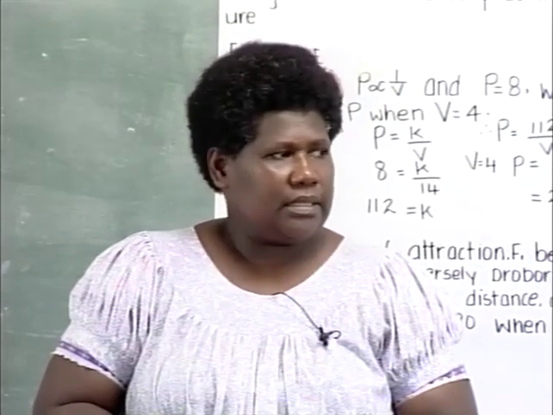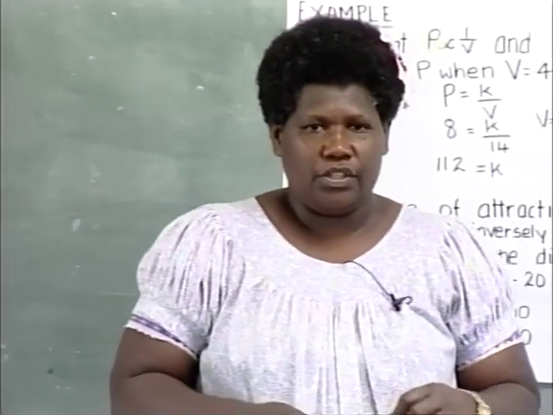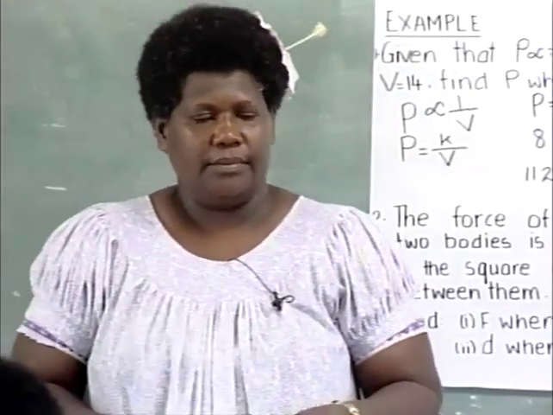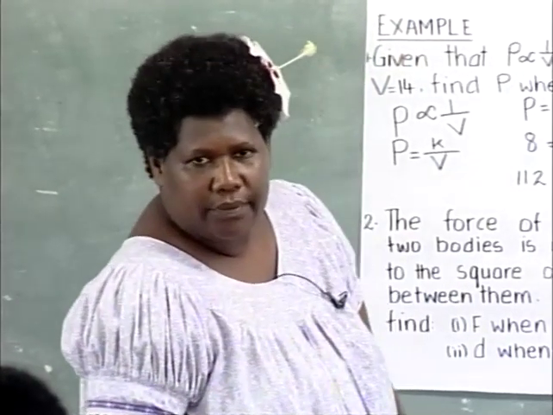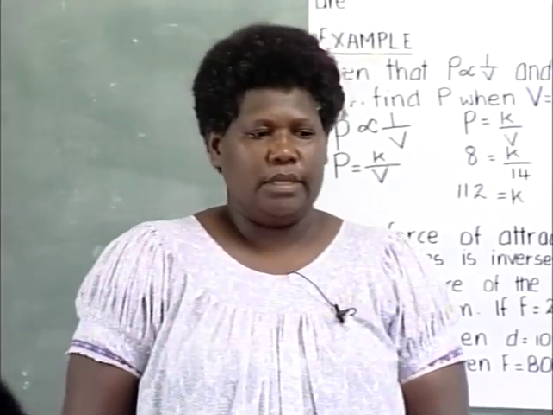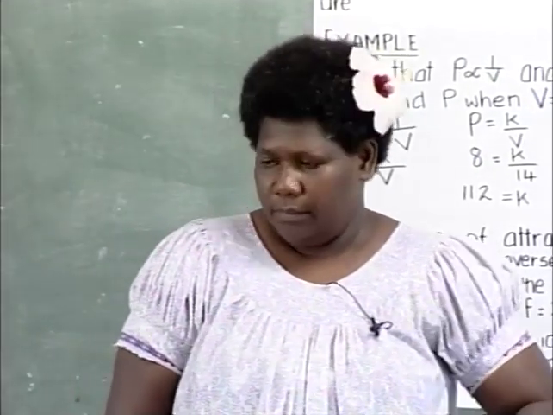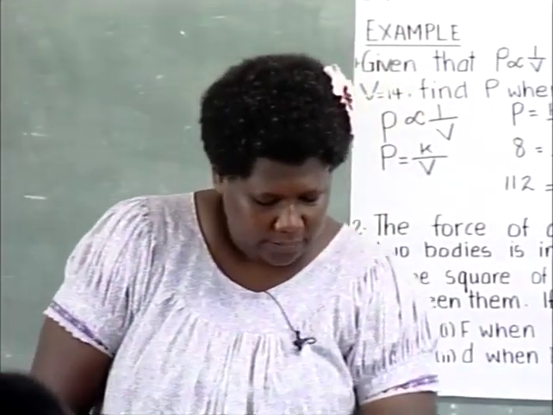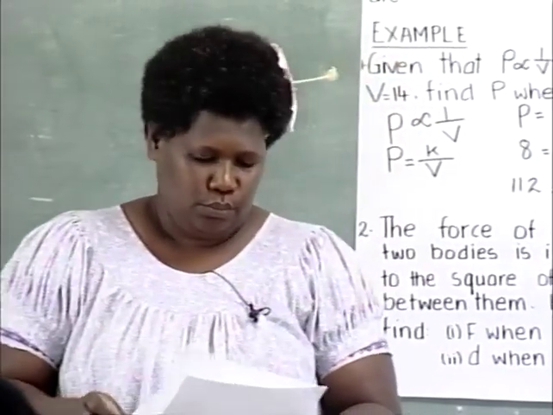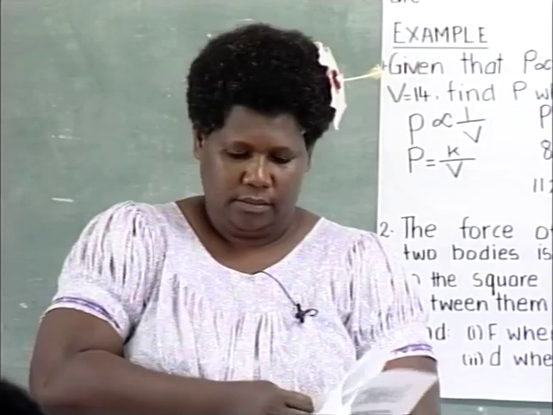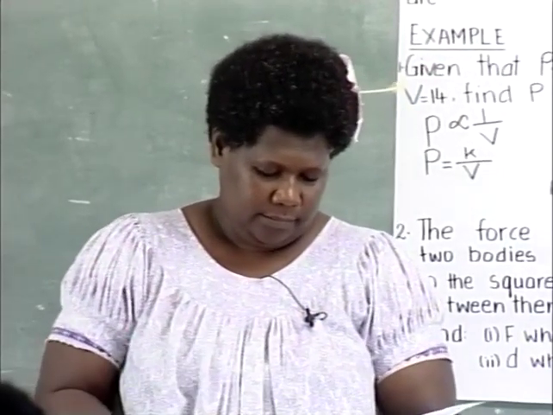All right, in our previous lesson, we looked at variation, direct variation to be specific. We will be looking at inverse variation today. You were given an exercise to do from question 1 through to question 10.